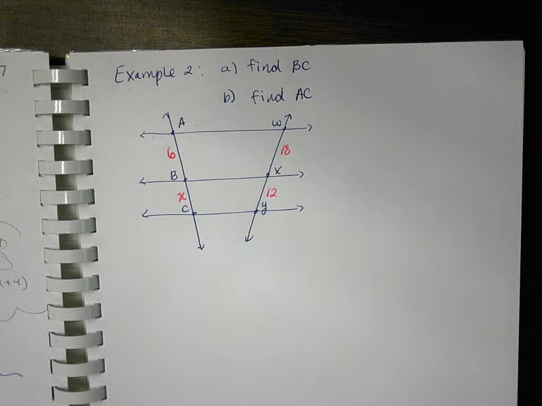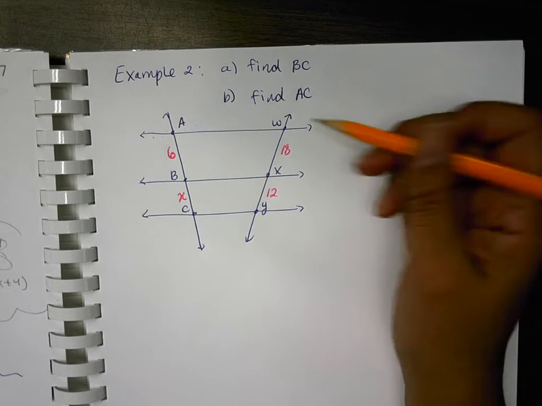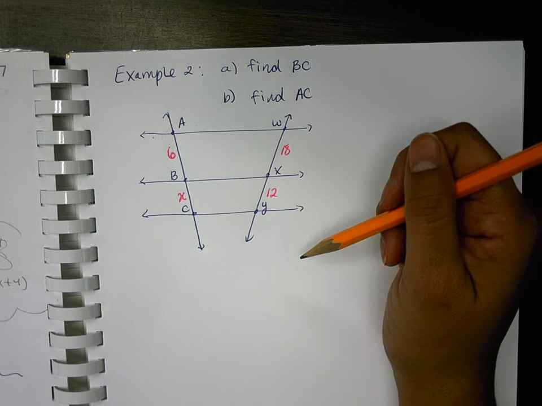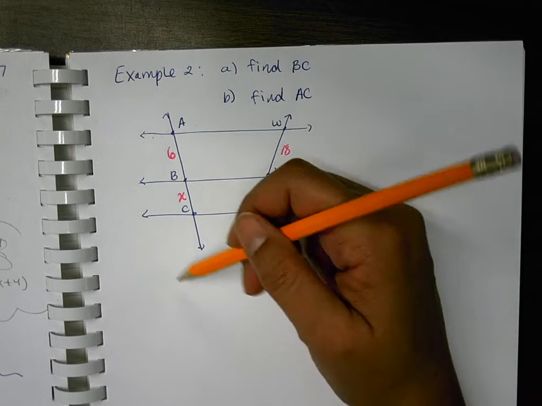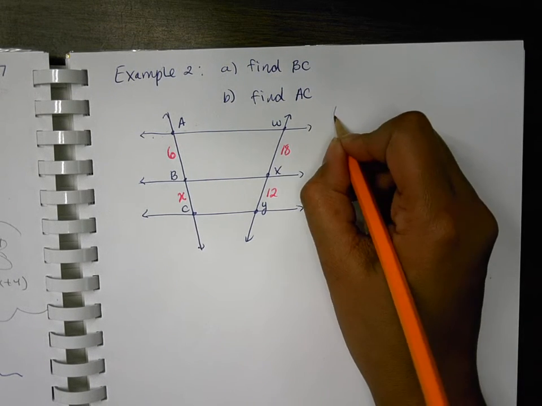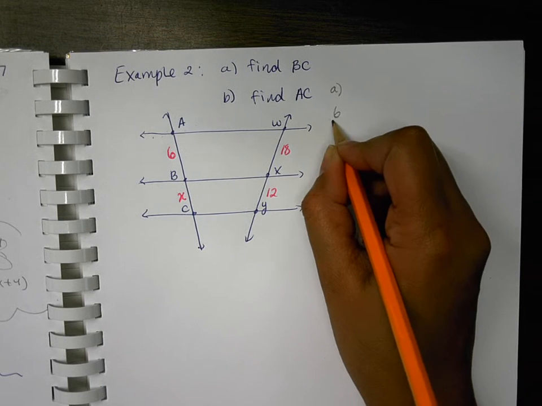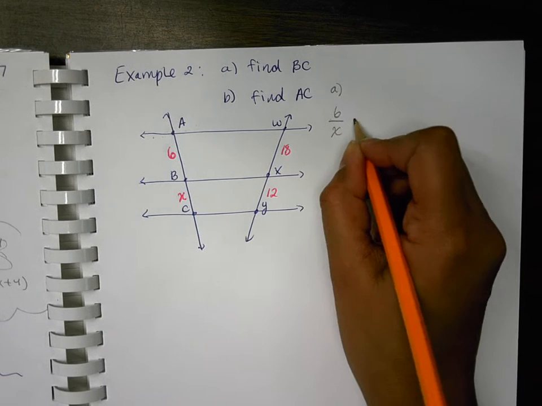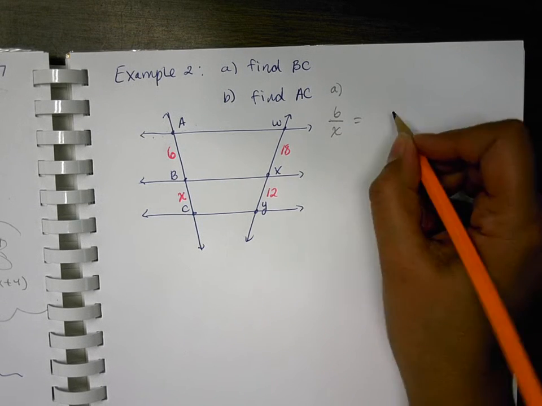Got it? Okay. Now, going to make our proportions. I'm just going to do left, left, right, right, and we'll talk about if there's any other ways. So it's going to be 6 over X equals 18 over 12.